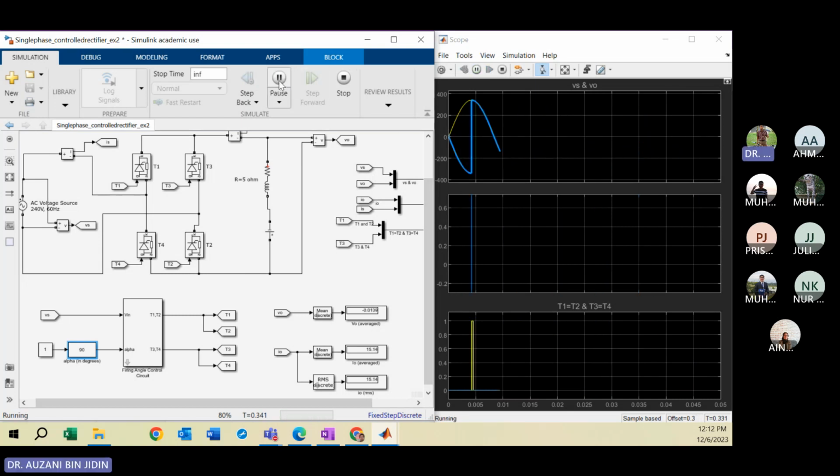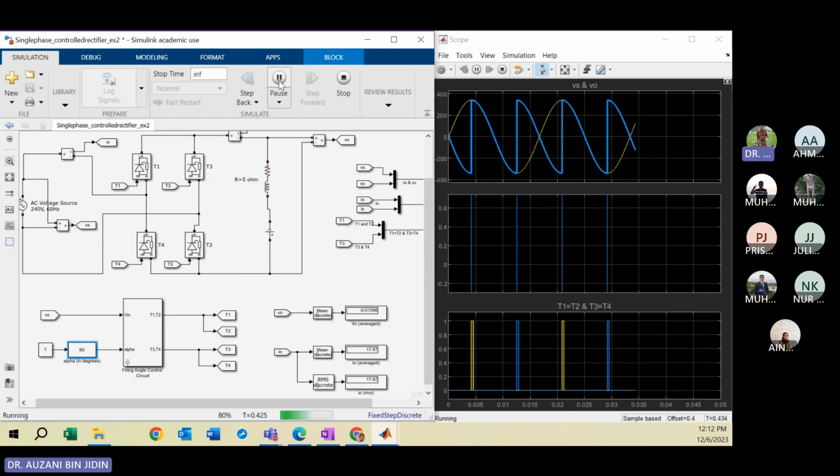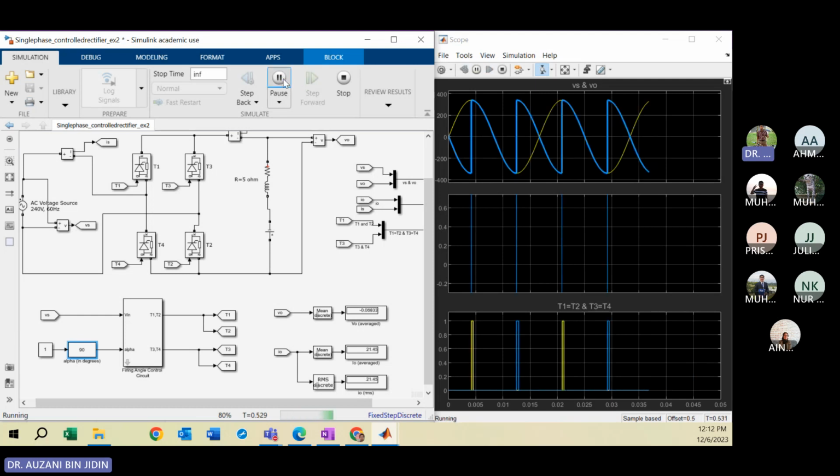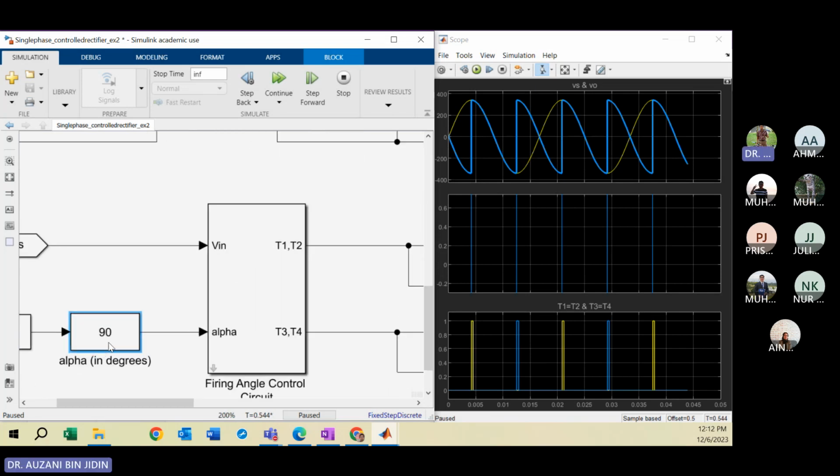You can see the area of the output voltage above and below the time axis is the same. This is the time axis, and the positive area here is the same as the negative area, for the case of alpha 90 degrees.